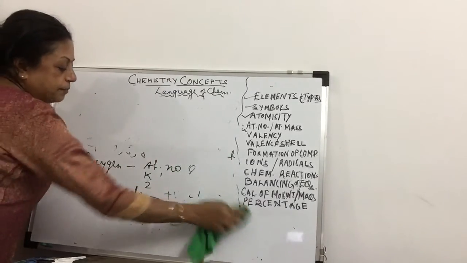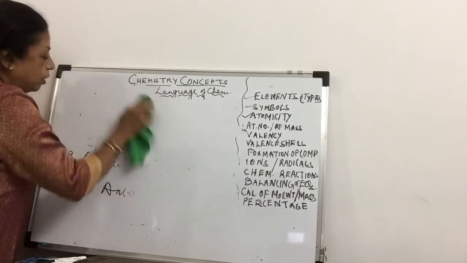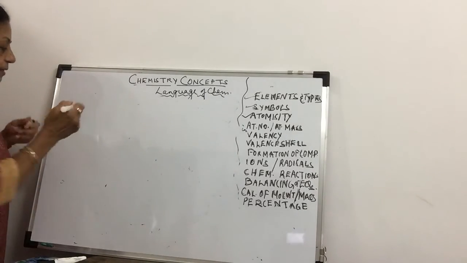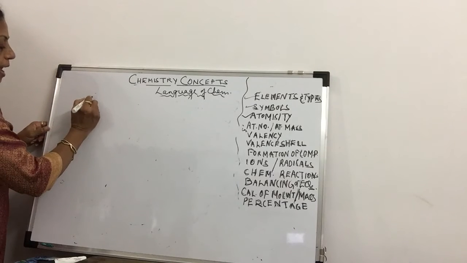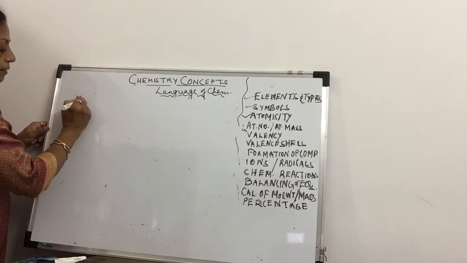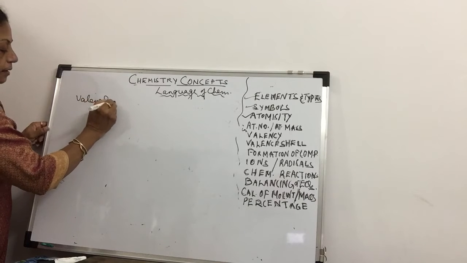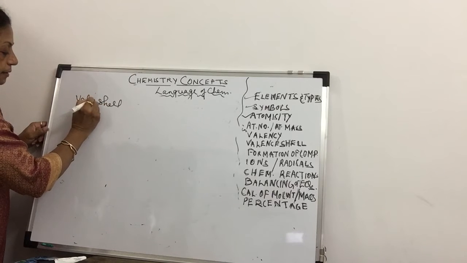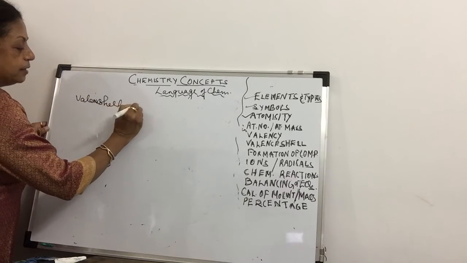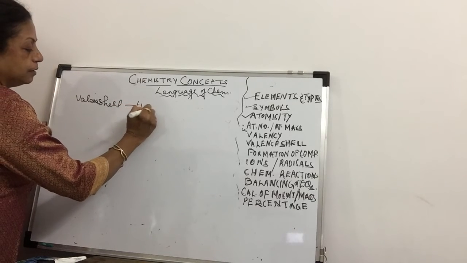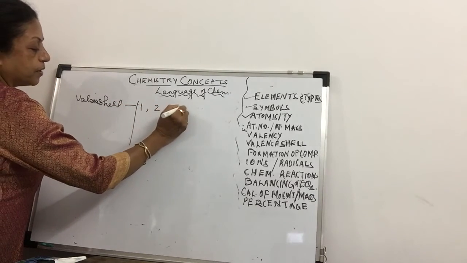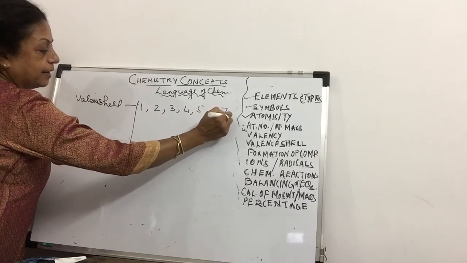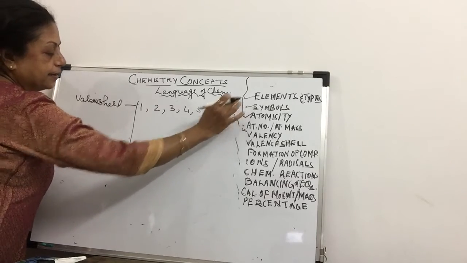Very important: if any element has 1, 2 or 3 electrons in the last shell, suppose the valence shell is the last shell.